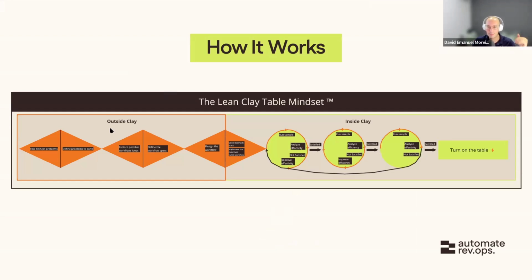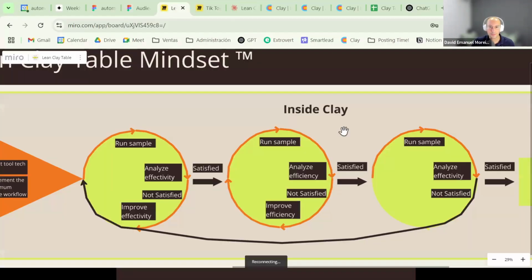Probably 50% of this methodology is outside Clay. It's related to strategy, defining the correct problems, and being able to assess the workflows that you will need to reach the correct answer for you. And after you have clarity on what you want to build, only then start building on Clay. So let's dive into it.